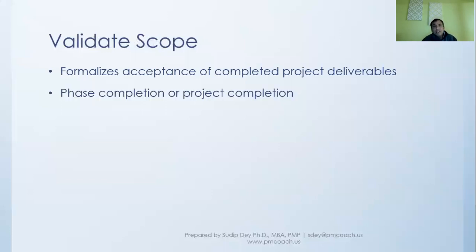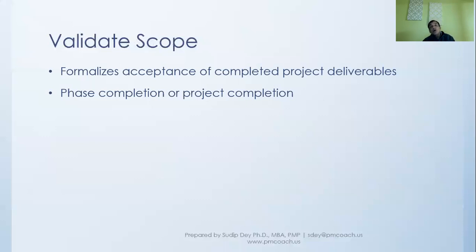Now, validate scope can happen at phase completion or project completion. For example, if you are moving through different phases, let's say requirements, design, construction, testing, what you might want to do is, after requirements, have your client or users validate the requirements.